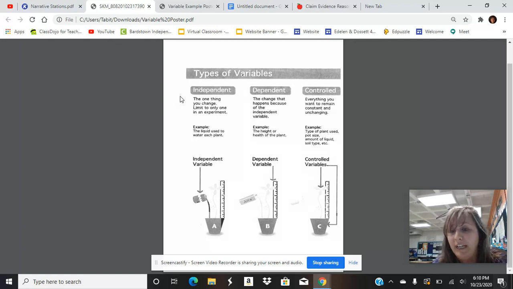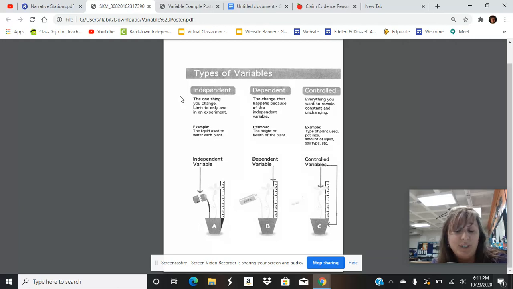Now, the controlled variable is everything that you want to remain constant, and you don't change it. This is very important. If you look at this one, the controlled variables will be the actual plant. They have an A and a B and a C pot. They have the same plants.